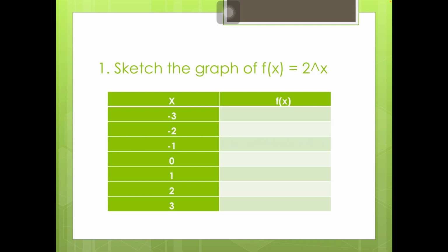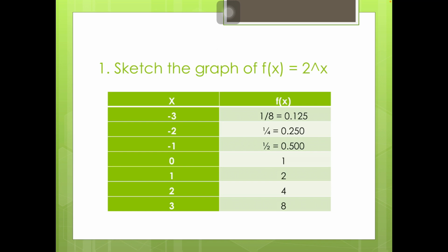If the value of our x here is negative 3, negative 2, negative 1, 0, 1, 2, and 3, our y will become this one, 1/8. When you divide that, we will have 0.125.